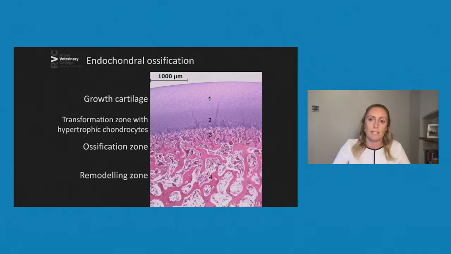And from a germinating layer of cells, the chondrocytes or cartilage cells proliferate and they lay down this purple extracellular matrix, which is a scaffold of cartilage. As the chondrocytes move through towards the external aspect, they hypertrophy, they get bigger, and then they undergo apoptosis where they die. Then the bone cells, the osteoblasts, move in to start mineralizing this extracellular matrix or scaffold, and they turn the cartilage into bone.